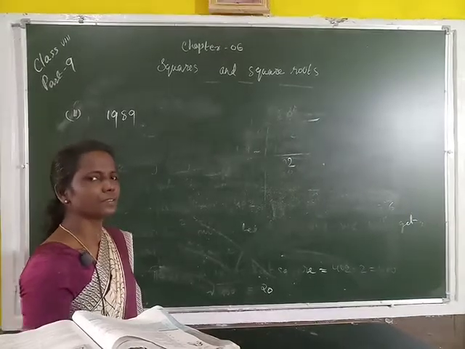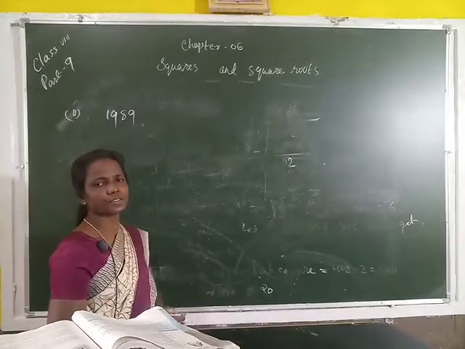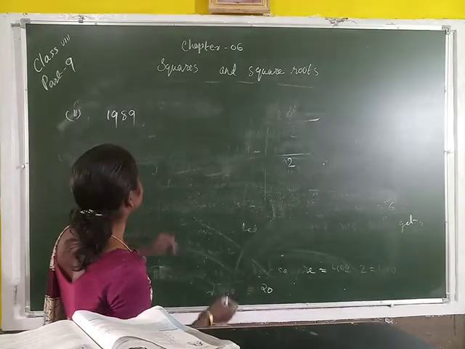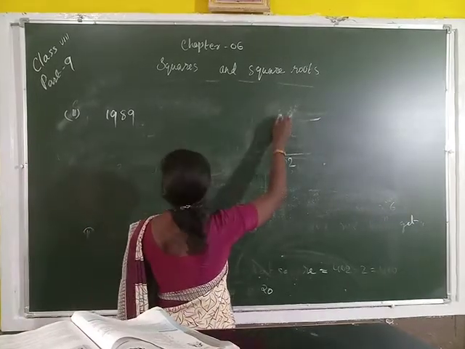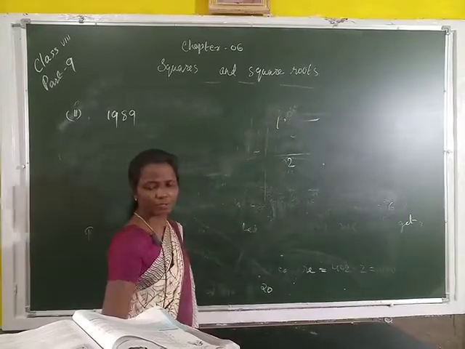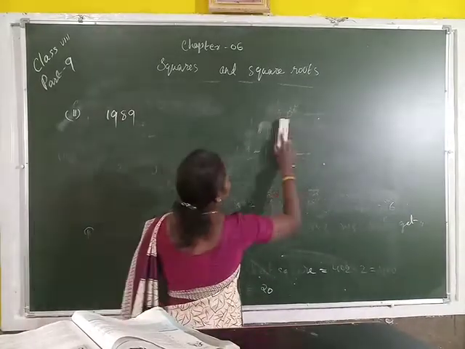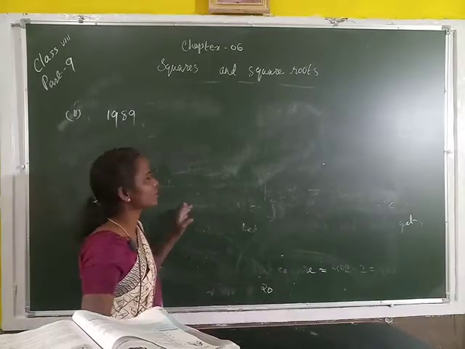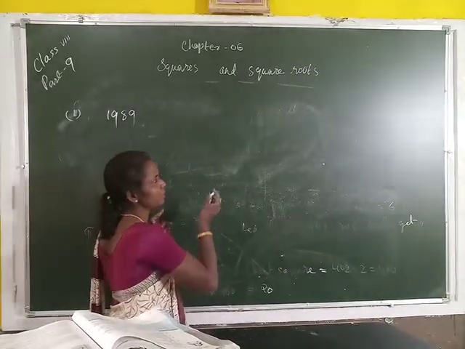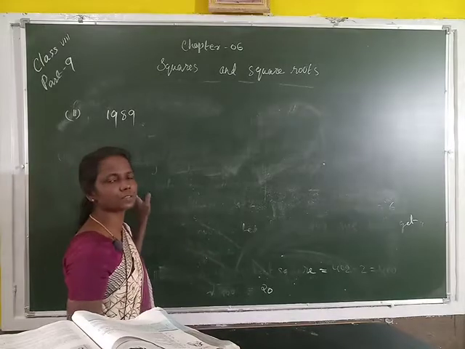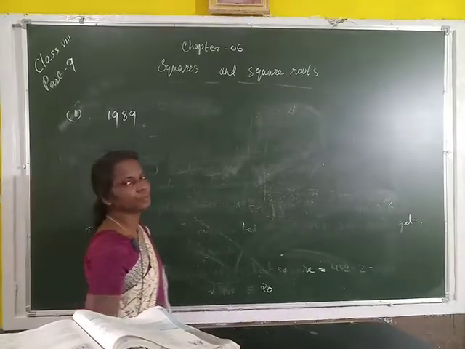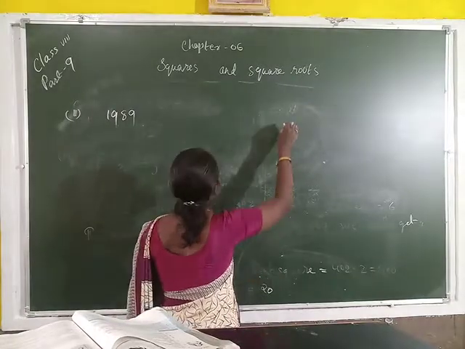1,989. Then this 1,989, which number do we subtract to get a perfect square? So first we take the division method. We find the nearest square number of 1989 by the division method.